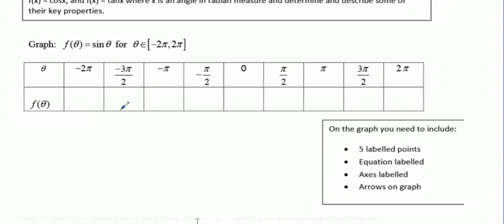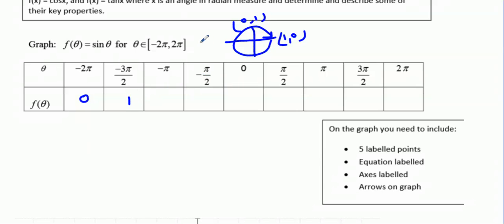Okay, so let's see. What is the sine of negative 2 pi? Well, I know that negative 2 pi goes all the way around for 2 pi radians, and so I'm going to be at sine of 0, and I know that the sine of 0 is 0. So far I've got 0. Negative 3 pi by 2 lands me at pi by 2, and I know the sine of pi by 2 is 1.